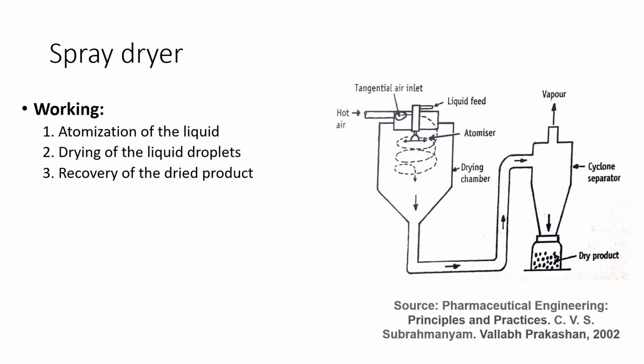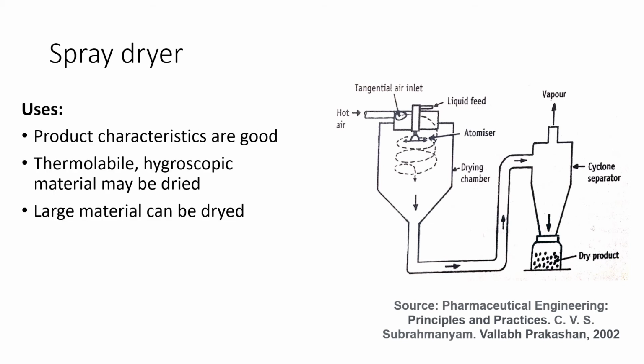Although this process completes in a few seconds, the final size of the product can vary from 2 to 500 millimeter, and we can control the solid content in the feed, that means the concentration, the viscosity of the liquid which is to be evaporated, the rate at which we are feeding inside the spray dryer, and the speed of the disc that is rotating and causing the atomization.